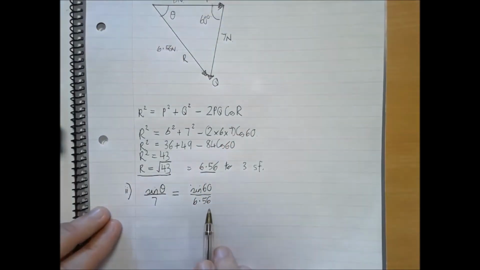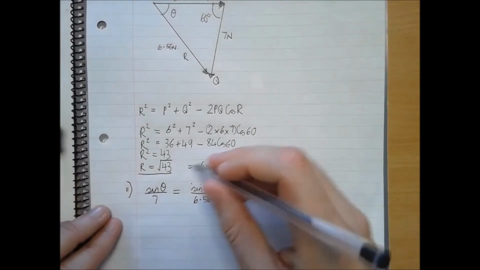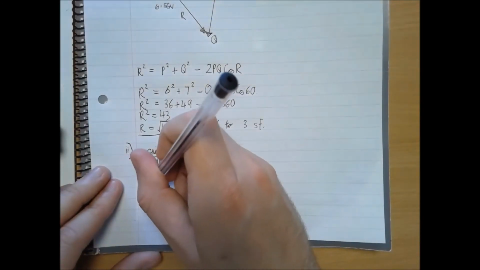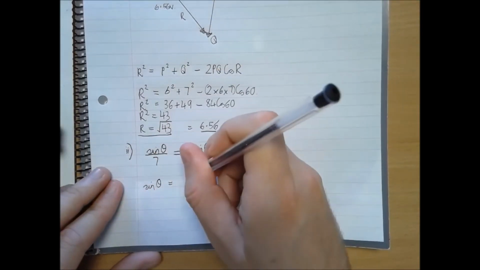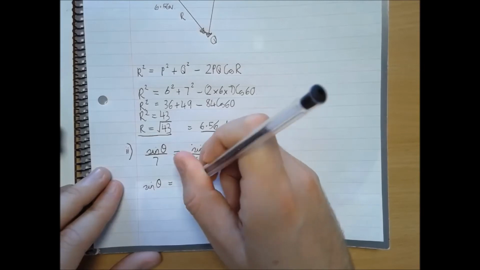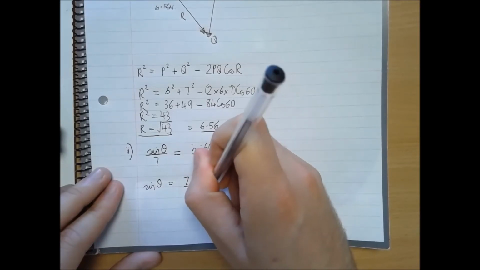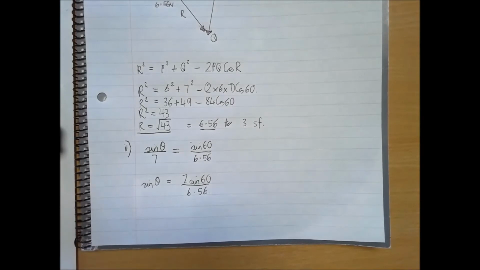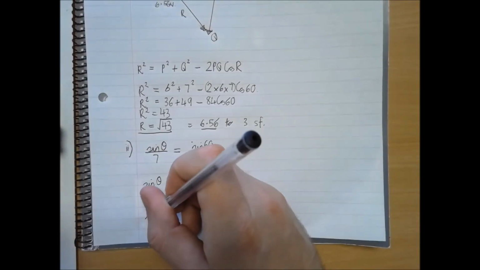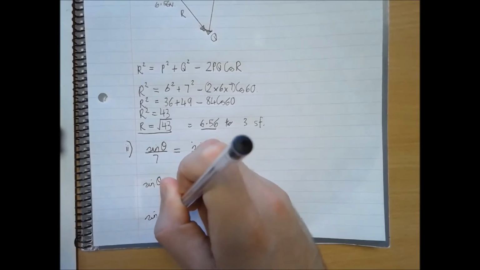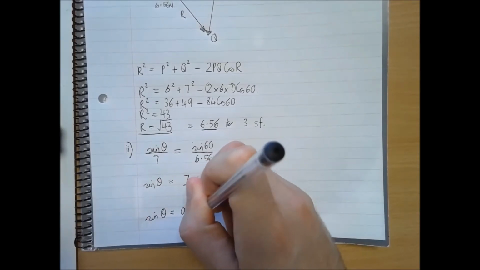Well, you could put root 43 for that, that's not a problem at all. And of course, if we rearrange this, sine theta is 7 sine 60 over 6.56. You should get an answer of roughly 0.92, so sine theta equals 0.92.